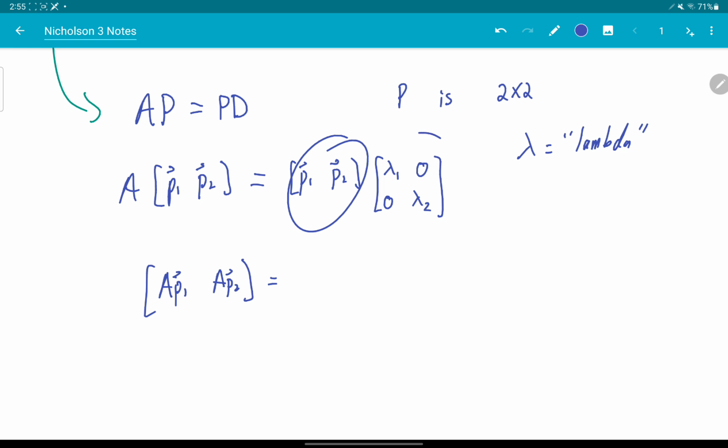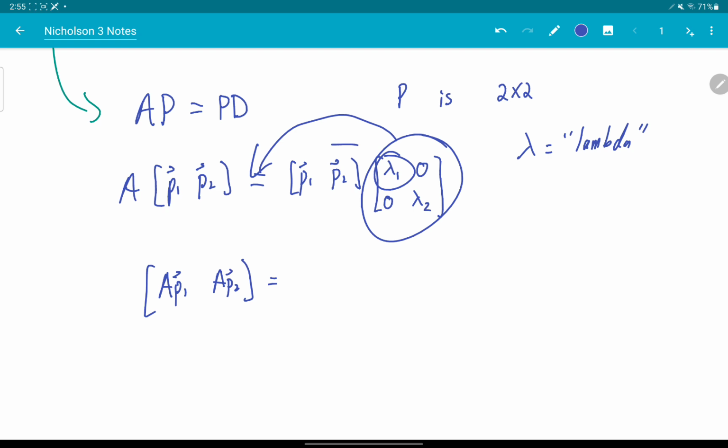Now if I take a matrix times a diagonal matrix like this, if it were the other way around, if this guy were over here, hopefully you'd agree that the effect of the multiplication would be to take lambda 1 and multiply the first row of P, and lambda 2 would be multiplying the second row of P. Now it turns out that when you have it arranged this way, then it's actually the columns that are being multiplied.